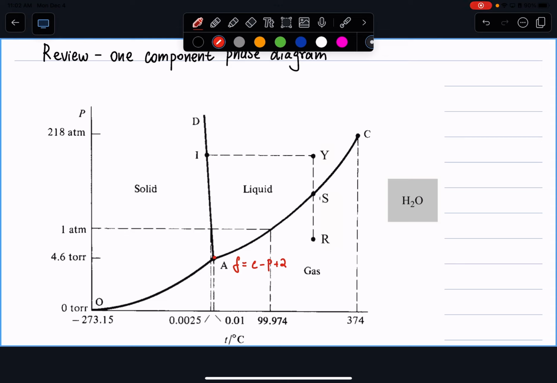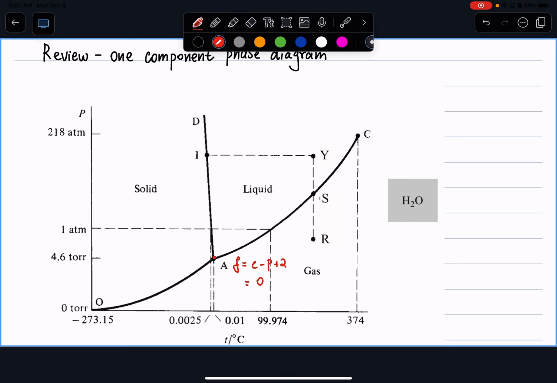P is the number of phases that are in equilibrium with each other. And that 2 stands for temperature and pressure. So at the triple point, for a one component system, we have degree of freedom equal to 0. So 1 minus 3 plus 2 equals 0. That tells us for any pure component, we only have one triple point. Basically that's an iconic character of that specific chemical species we're talking about.